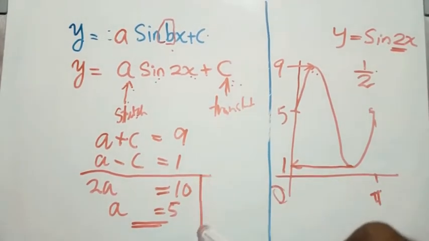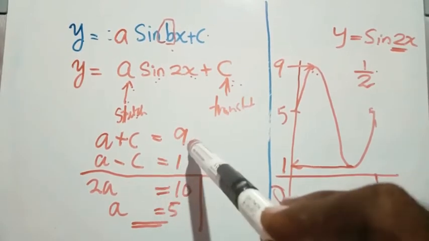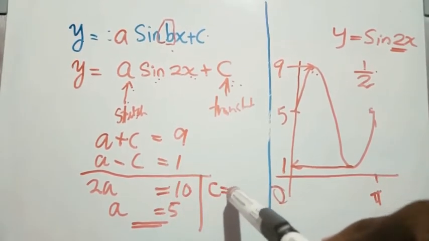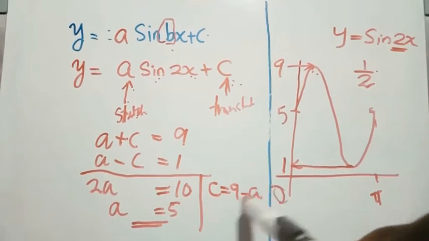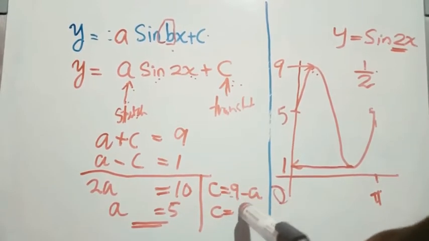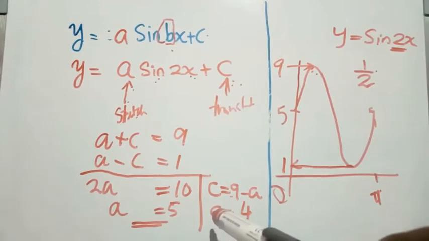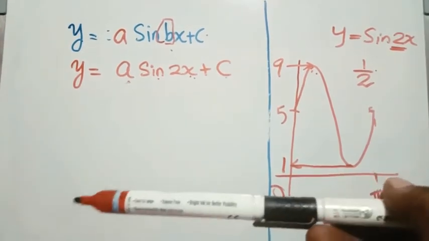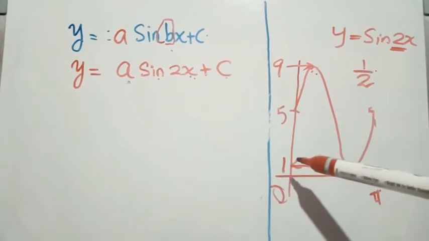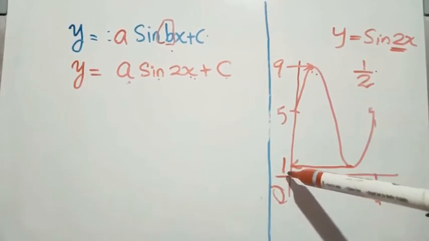As a is 5, we can get the value of c now. As a plus c is 9, c is 9 minus a, or c is 9 minus 5, which is 4 as result.